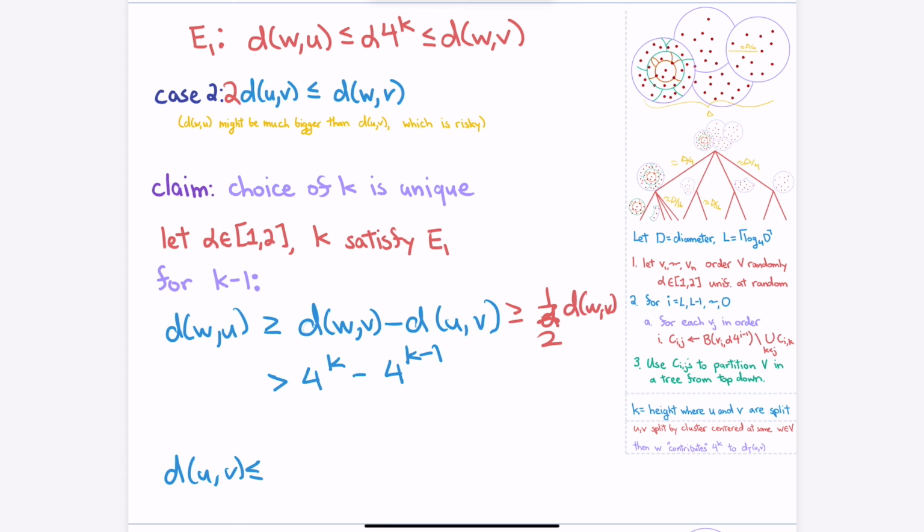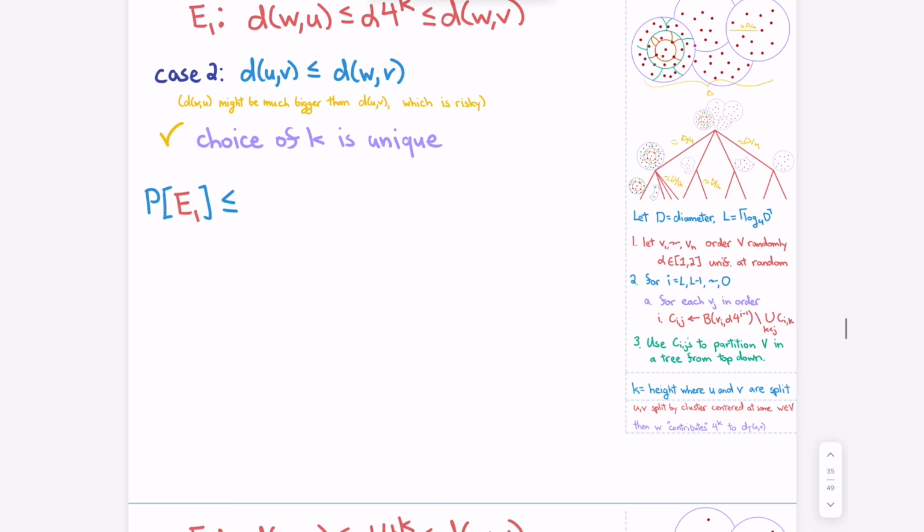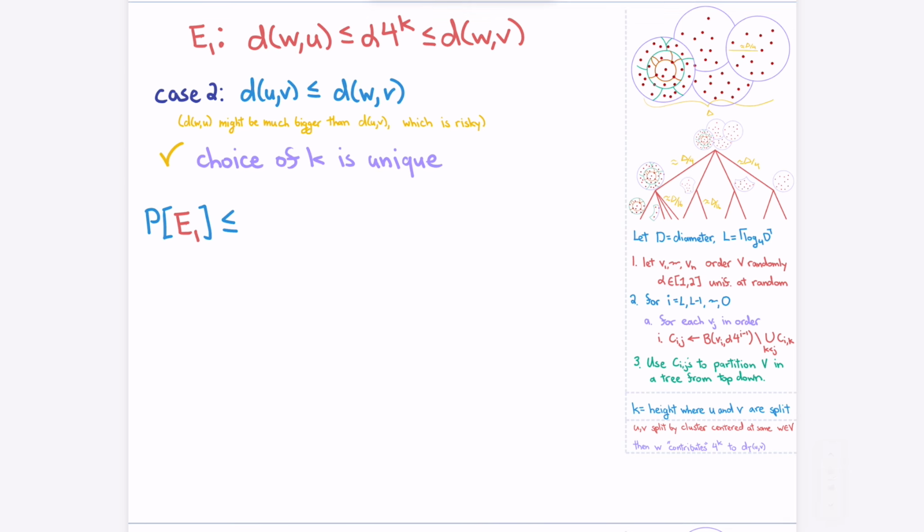So I might have messed up the original case setup or something. Okay, but it should be. All right. In the interest of time, let me just assume the choice of k is unique. I'm off by some constant factor in my notes or in what I wrote down. I just want to make sure we finish on time. Okay, so now you know the choice of k is unique.